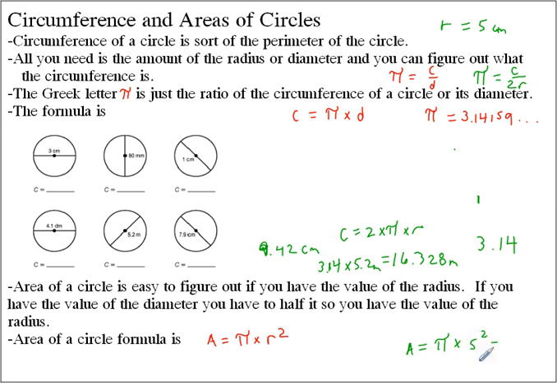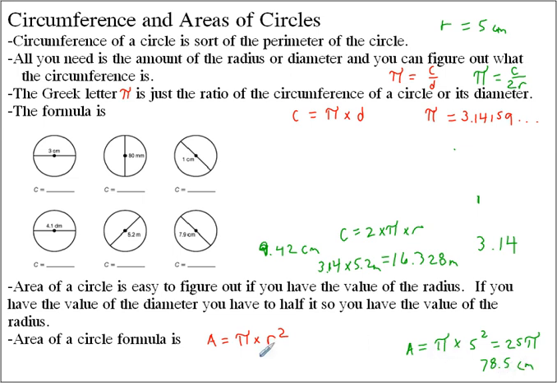So it's going to be equal to 25 pi, which when we multiply 25 times 3.14 is going to give us 78.5.